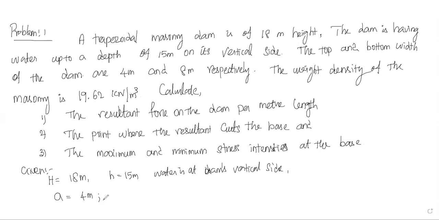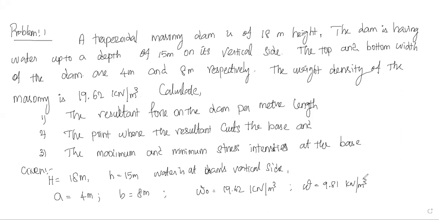The a value is 4 meters and the b value is 8 meters respectively. And they have given that omega naught is equal to 19.62 kilonewton per meter cube. So we have to assume that omega, the density of water, is equal to 9.81 kilonewton per meter cube.